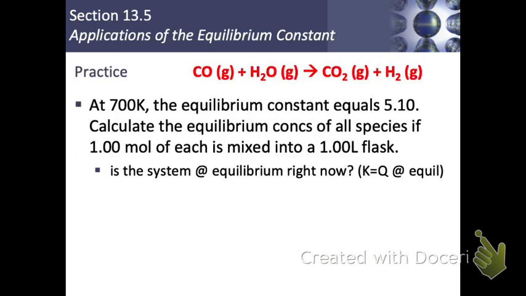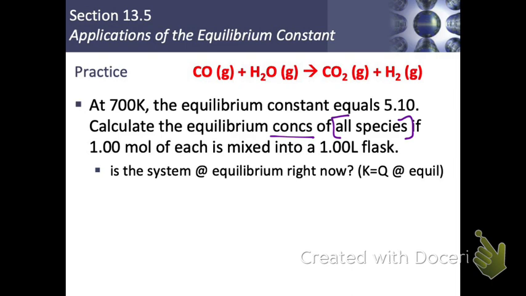The equilibrium constant equals 5.10. Calculate the equilibrium. Do you know what this means? Yeah, it just is an abbreviation for concentrations. Okay? Calculate the equilibrium concentrations of all species if 1 mole of each is mixed into a 1 liter flask. Okay, so it's making you calculate initial molarity.